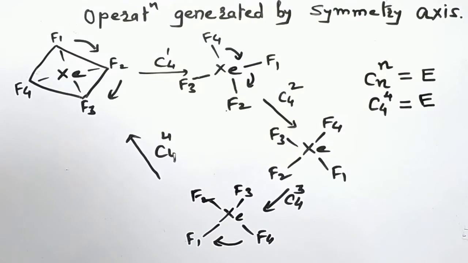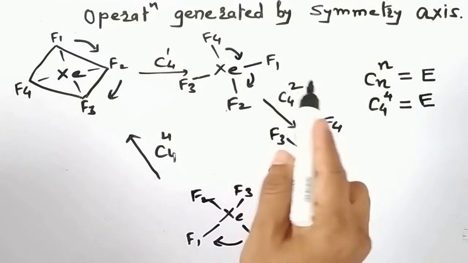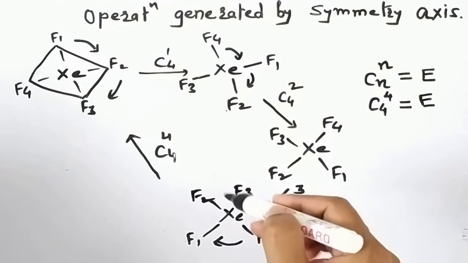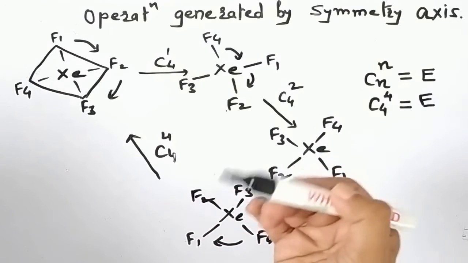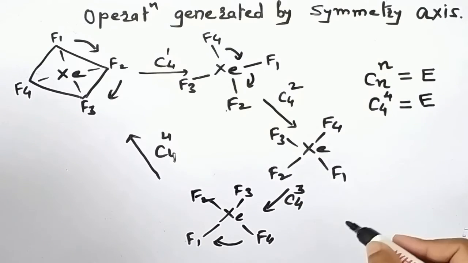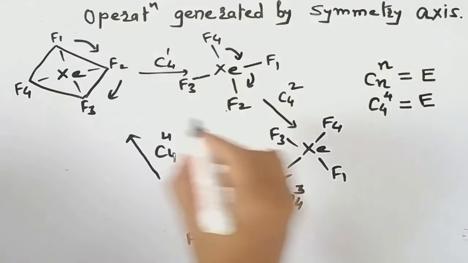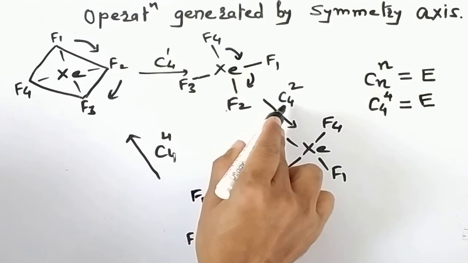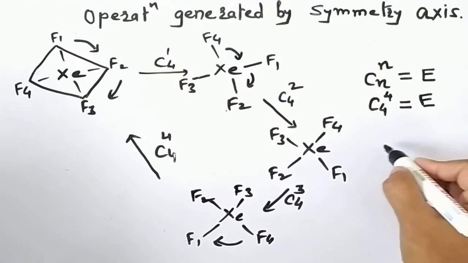But dear friends, here we must remember one more thing: by operating C4 once, twice, thrice, we are generating new operations. So let us see what new operations we have generated. Now let's take the example of C4 twice.